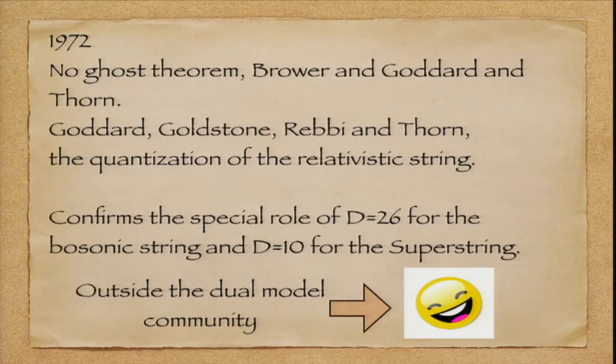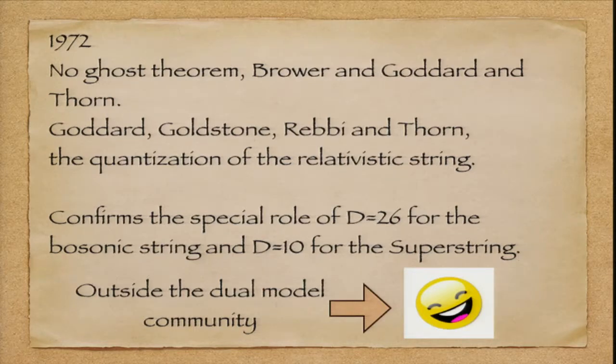And these people took Nambu's and Goto's action and really quantized it. And they showed that it was only working in 26 dimensions, but in 10 dimensions for the supersymmetric version. So we who worked in it at that time were very ecstatic, but outside, people were laughing at us.